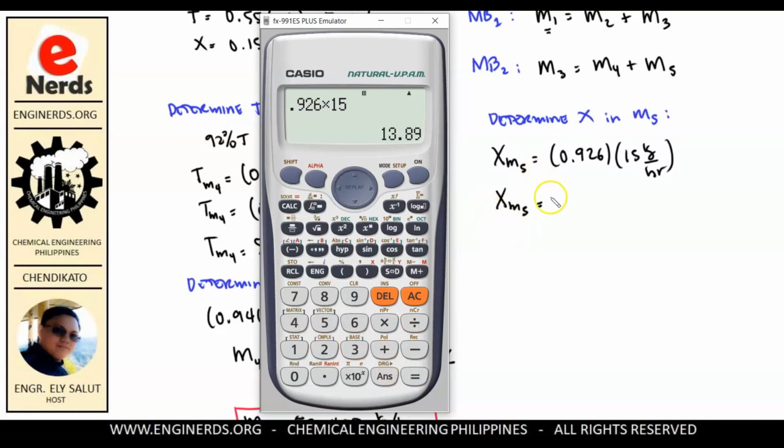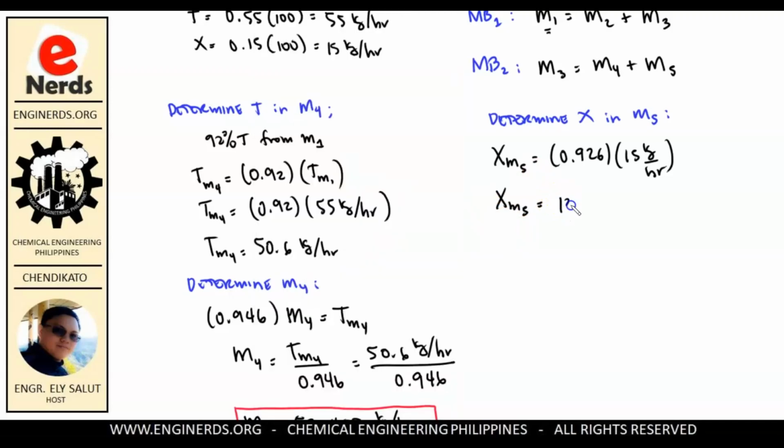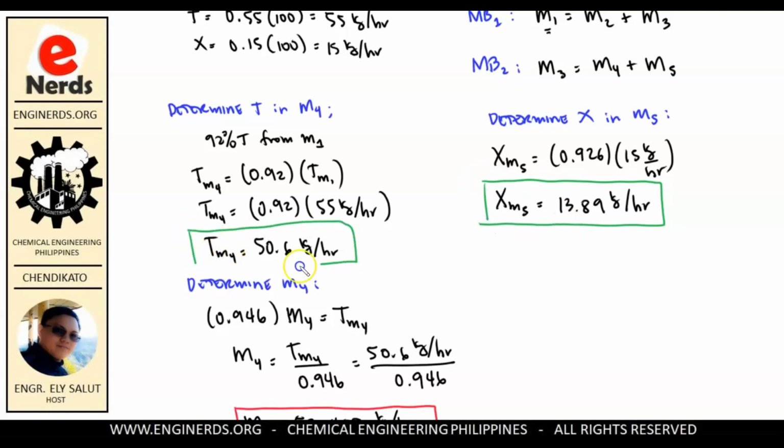Okay, so let us write that here: 13.89 kilogram per hour of X in our M5. Okay, so let us box this para na-identify natin yung ating mga sagot. Okay, so here we have the toluene in M4. Green ang mga composition natin, red is our main streams.